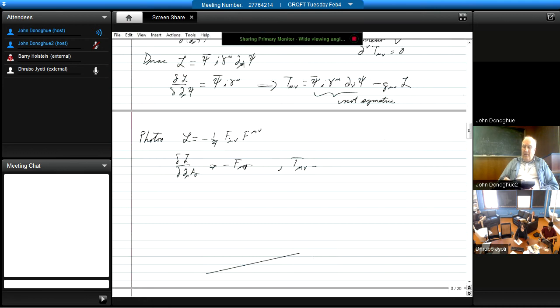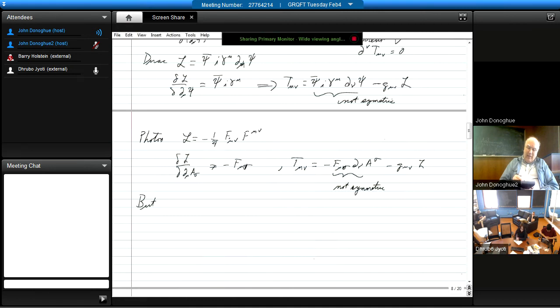And so T mu nu starts out as minus F mu sigma d nu a sigma minus g mu nu L. So again, not symmetric.